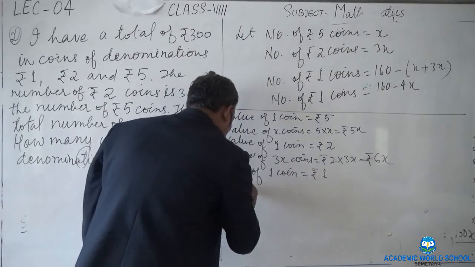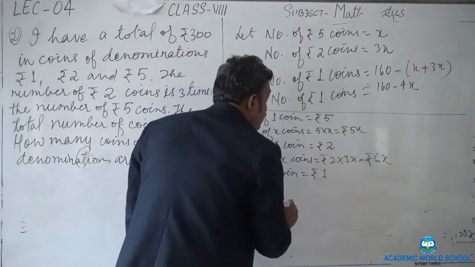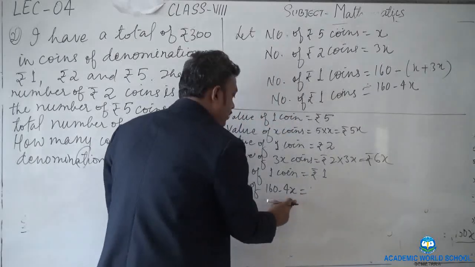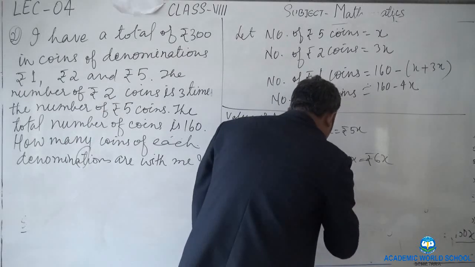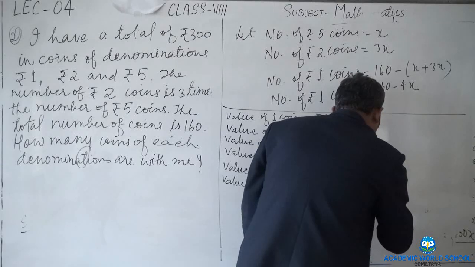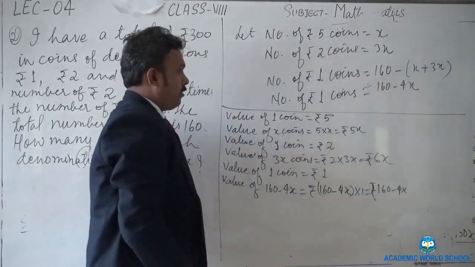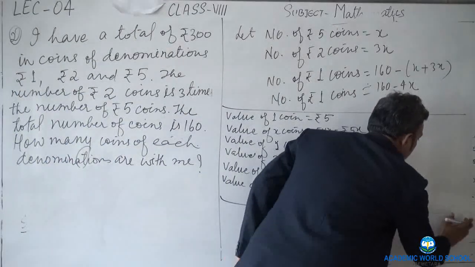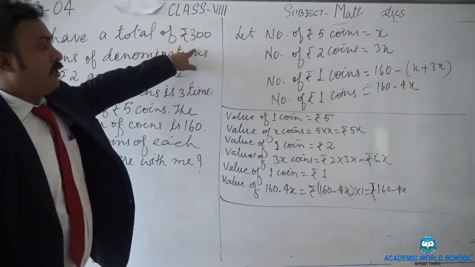So value of how many coins are there? 160 minus 4x. If you multiply with 1, we will get rupees 160 minus 4x, right? This is the mathematical statement we got. Now if we add all this, we should get how much? 300 rupees.